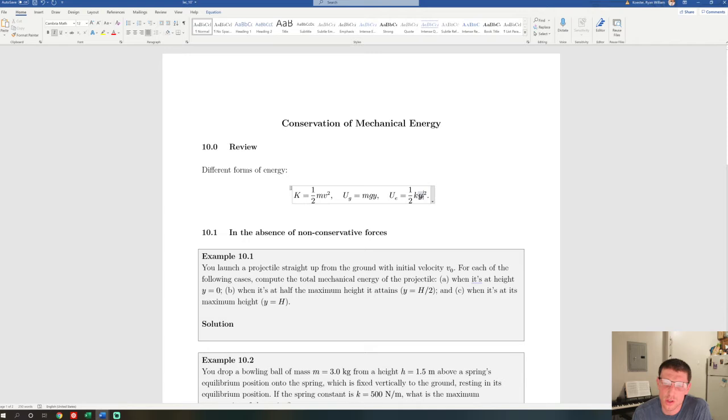here instead of just a normal y. The reason I decided to do that was because we won't always be able to sensibly set our y equals 0 for the gravitational potential energy to be the same as y equals 0 for the elastic potential energy.